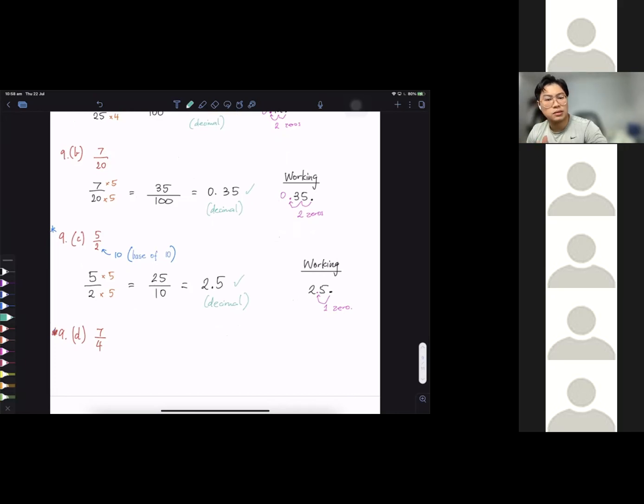Like you said, Mohammed, we can't multiply 4 by any whole number to get to the number 10, which is a bit of a problem here. So what we can do though, see that 7 over 4, what's another way of saying this? What's that symbol related to?